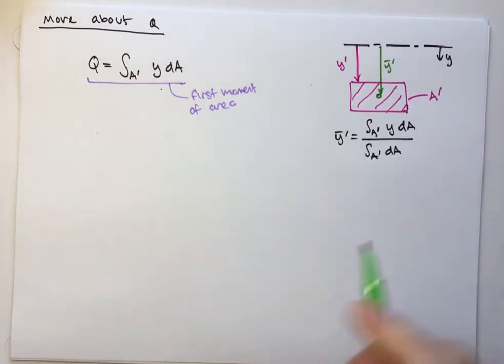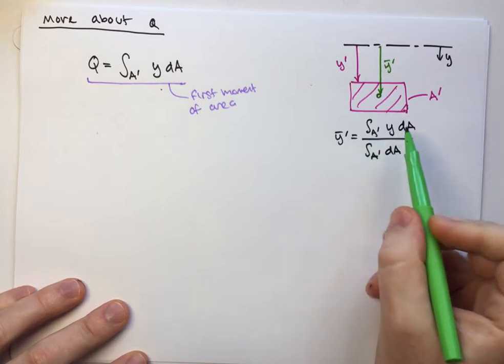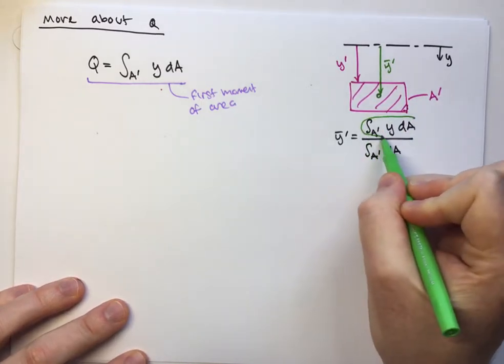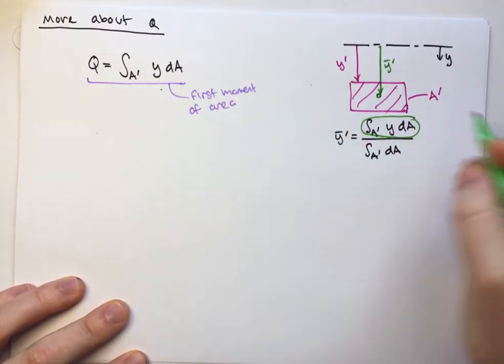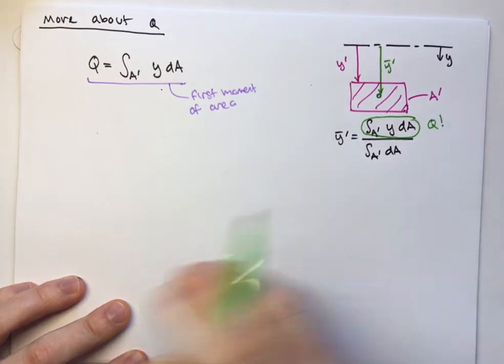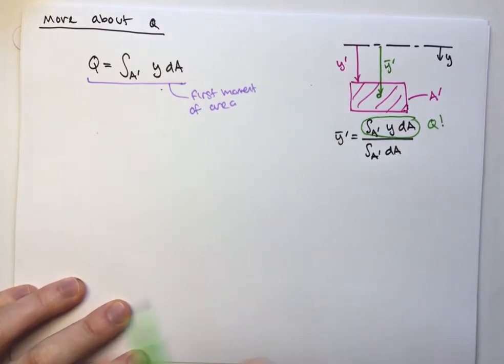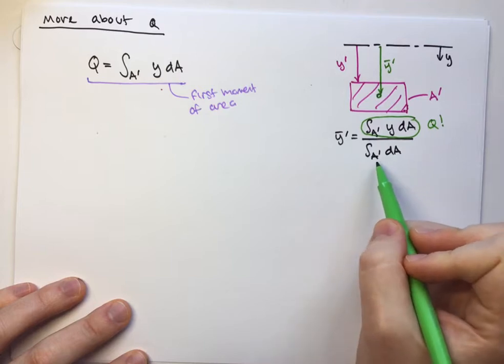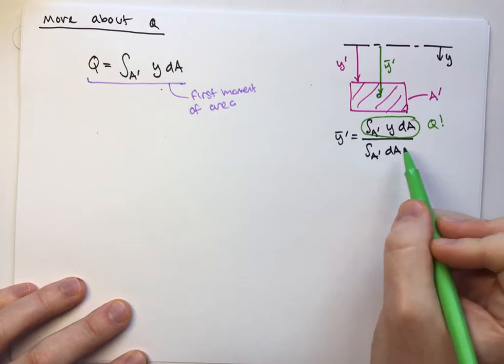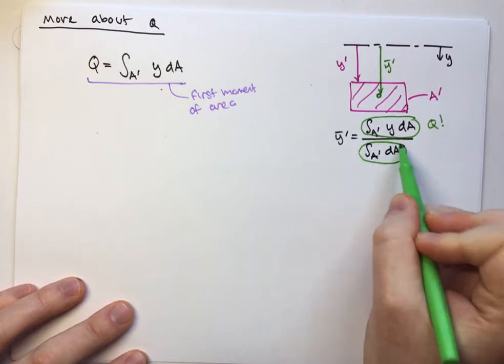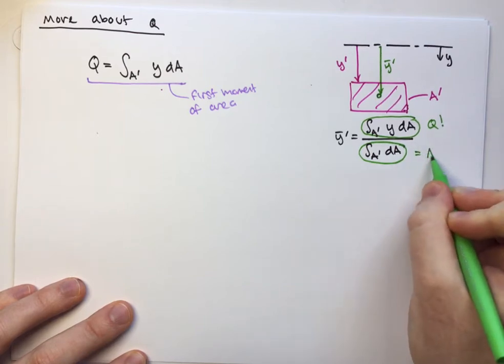Now if you think about what these two things are, this here is exactly what we wrote down for Q. So all that stuff up top is just Q. And if you think about integrating dA over A prime, well, all that stuff down here, that's going to be equal to A prime.